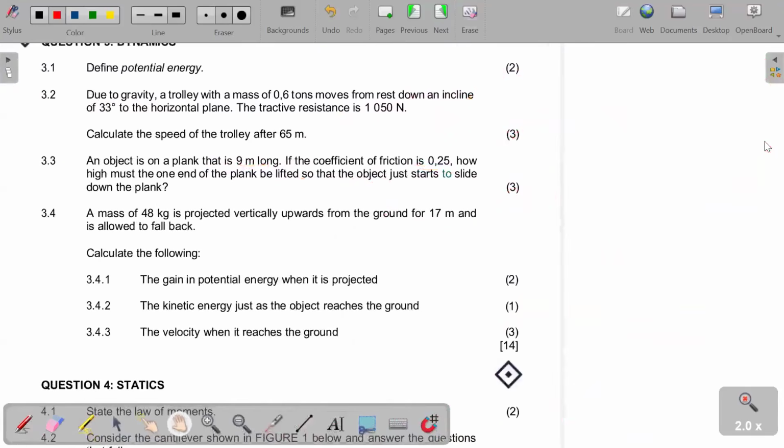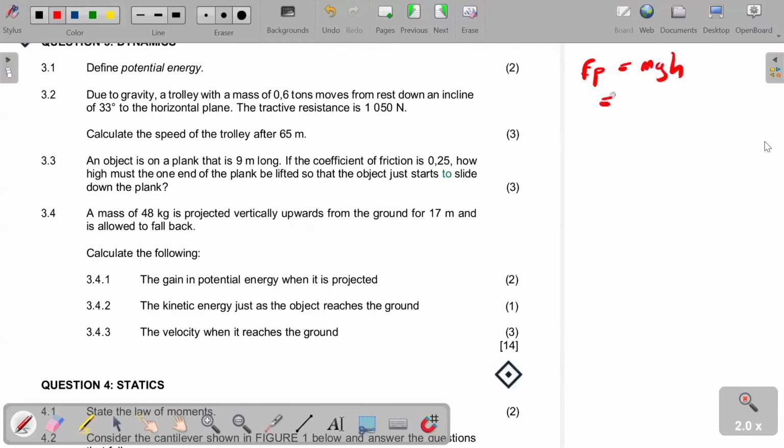3.4. A mass of 48 kgs is projected vertically upward from the ground for 17 meters and is allowed to fall back. Calculate the gain in potential energy when it is projected. The gain in potential energy, EP, is given by mgh.